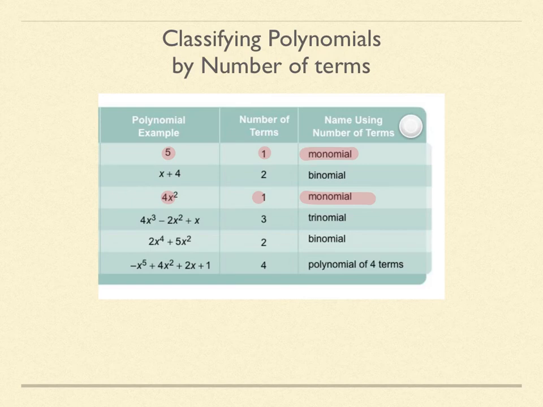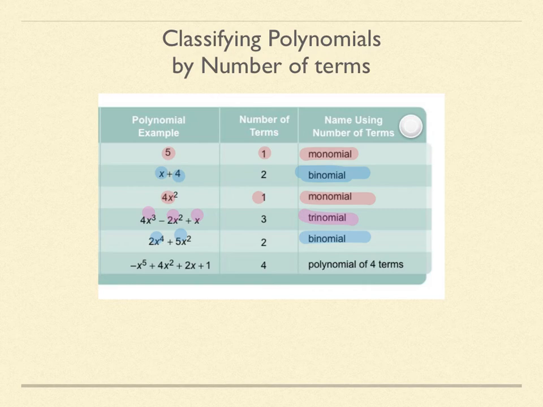But if you look in the second row, we have x plus 4. Those are 2 terms, separated by a plus sign, and that we call a binomial. If we have 3 terms, it's a trinomial. And if we have 2 terms, again, binomial. Anything bigger than 3, so 4 or more, we say it's a polynomial of however many terms it has.